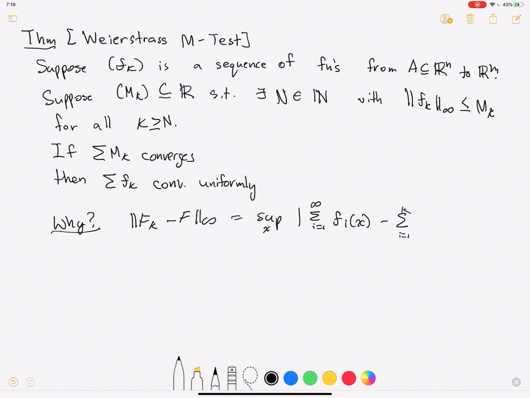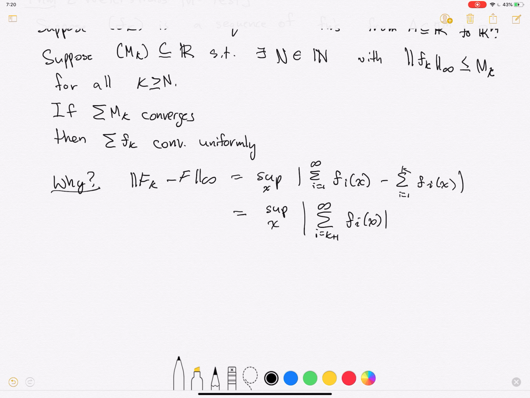I'm just going to switch the order so this next step is easier. Then if you look at the indices, this is the same as the sum from i equals k plus 1 to infinity of f_i(x). And from the triangle inequality, the norm of a sum is less than or equal to the sum of the norms.